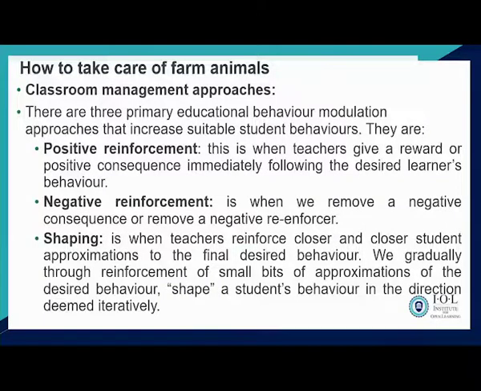With shaping, the teacher reinforces closer and closer approximations to the final desired behavior. So gradually, through reinforcement of small approximations of the desired behavior, the teacher shapes student behavior in the desired direction.